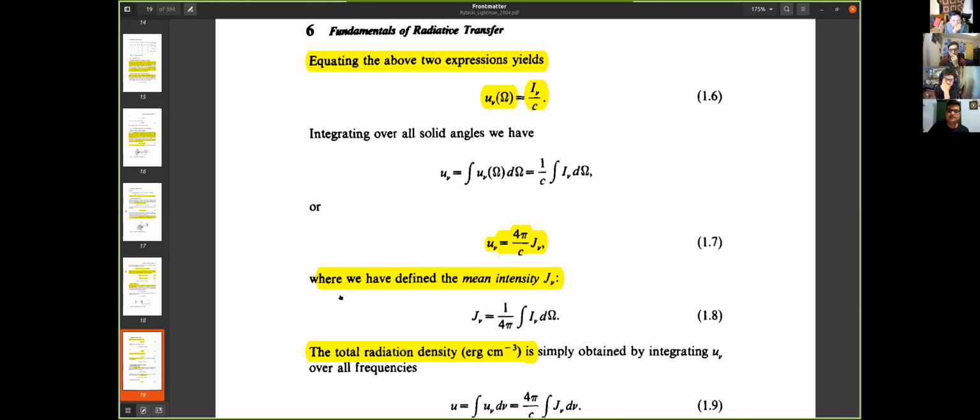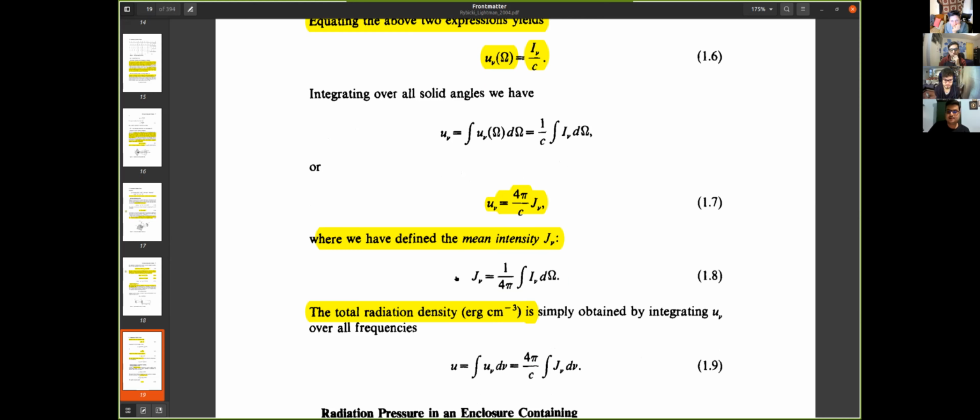And then he defines a new term which is a mean intensity J nu. So J nu is basically equal to 1 by 4 pi into the integration of I nu d omega. So this is a mean intensity across all solid angles, as it is mentioned.